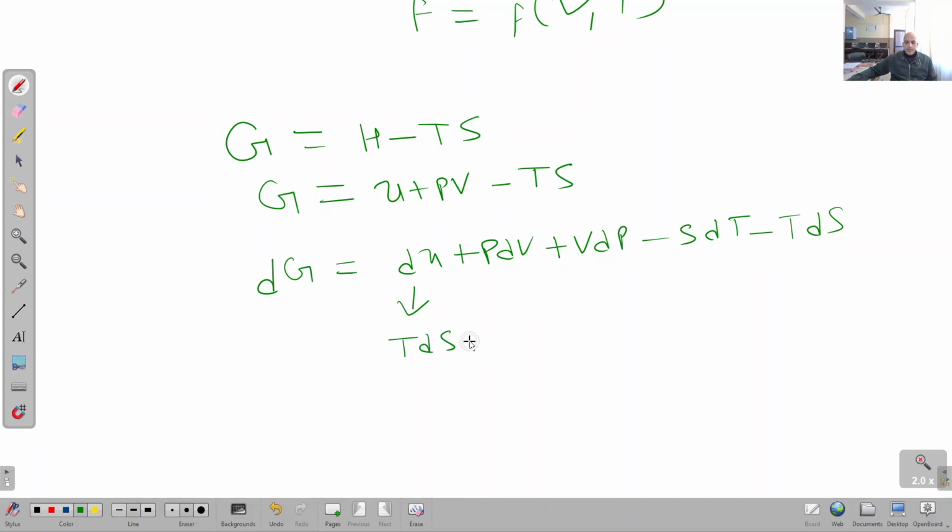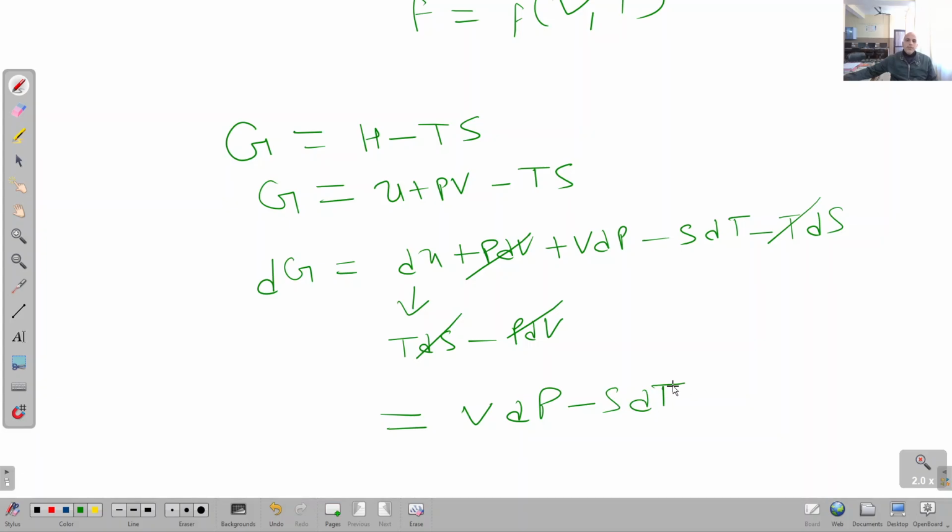dU again, it is what? TdS minus PdV. So TdS cancelled with TdS, PdV cancelled with PdV. So you are left with here VdP minus SdT.